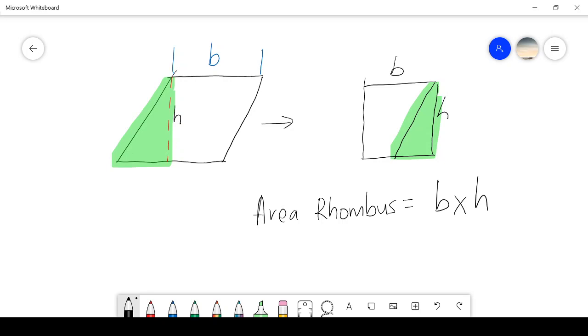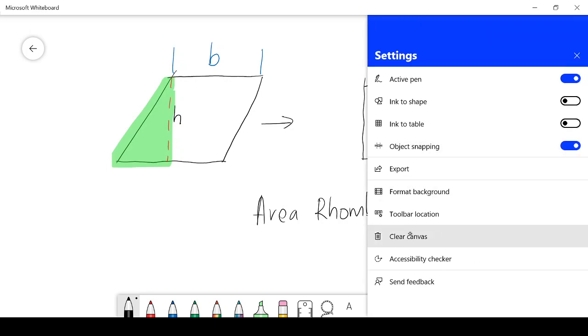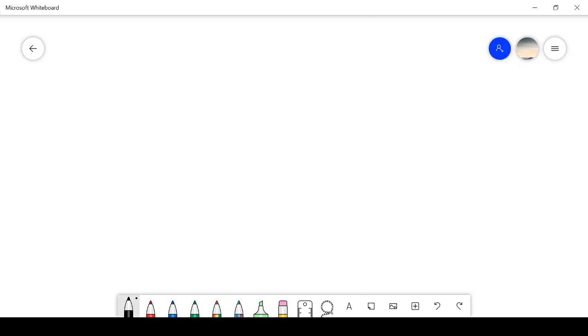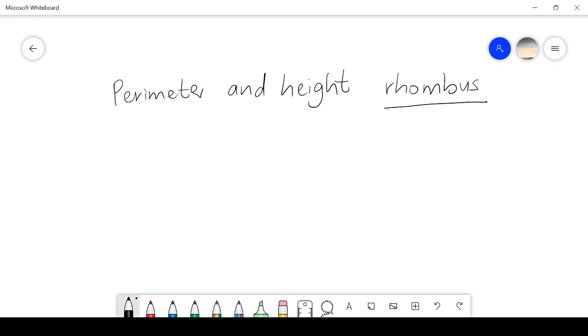Okay, let's do a worked example. So a question says, calculate the perimeter and height of a rhombus with a base of 3,9 centimeters and an area of 31,2 centimeters squared.